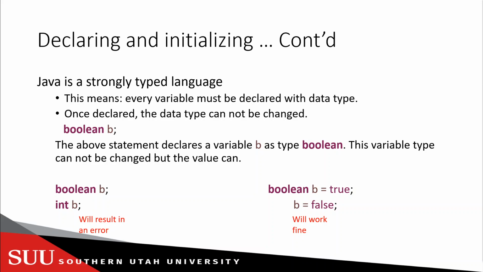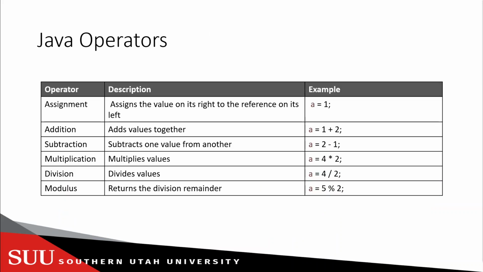Now I want to talk about Java operators, and this is one of the easy topics. So let's just cover this topic, and then we will try to use them. Now the assignment operator will assign the value on its right to the reference on its left. For example, if I say a is equal to 1, that means I'm assigning the value of 1 into a.